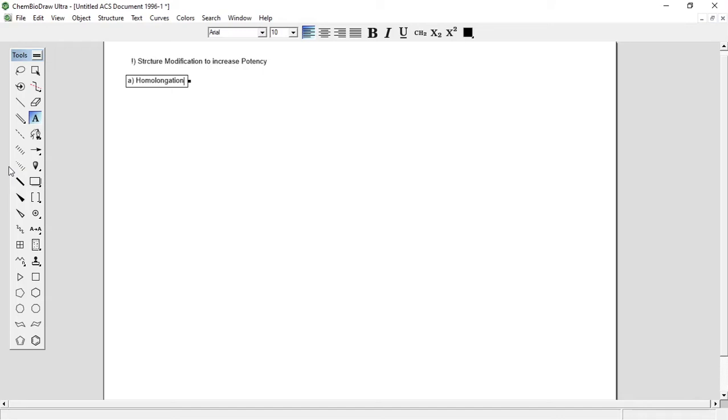After hexane and heptane, if you increase the CH2 group again, the activity or the potency of that drug decreases. So the further lengthening results in a sudden decrease in the potency.